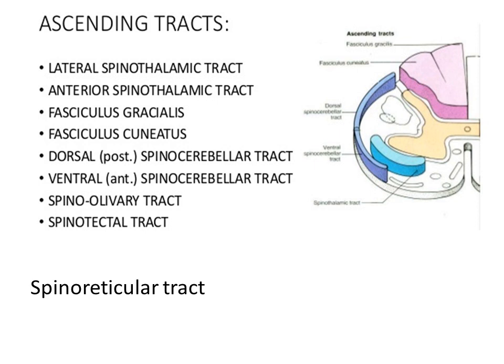So, in case of ascending tracts, there are lateral spinothalamic tract, anterior spinothalamic tract, fasciculus gracilis, fasciculus cuneatus, dorsal spinocerebellar tract, ventral spinocerebellar tract, spino-olivary tract, spinotectal tract, and spinoreticular tract.